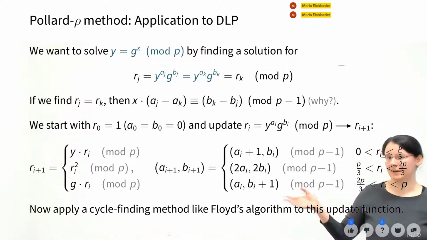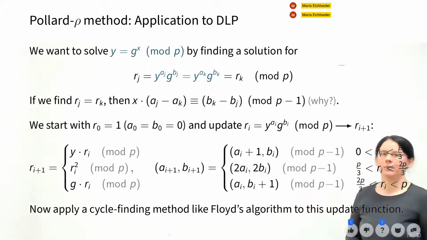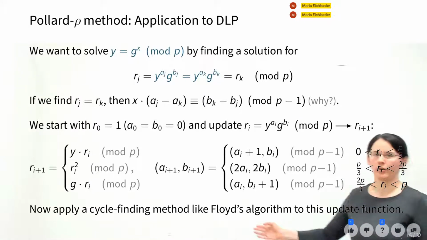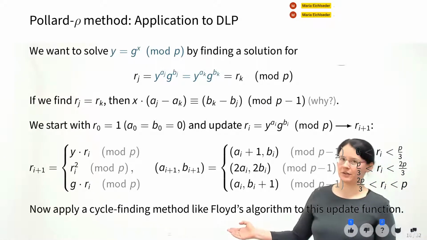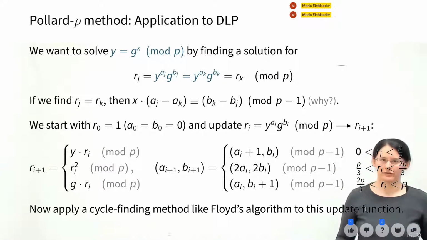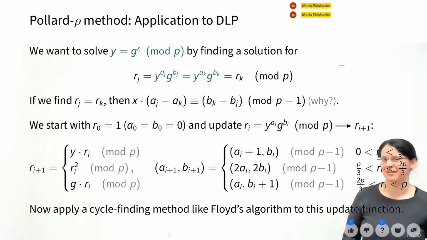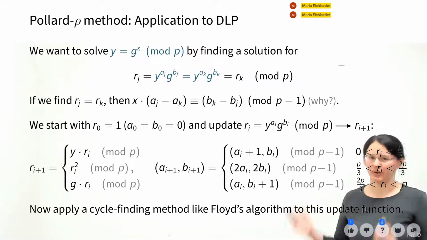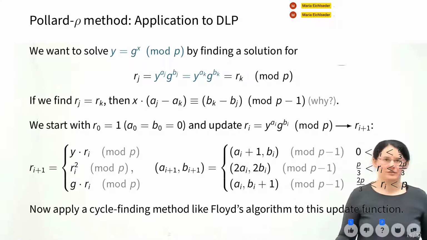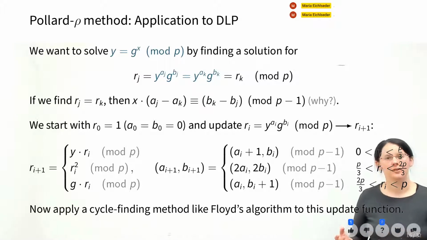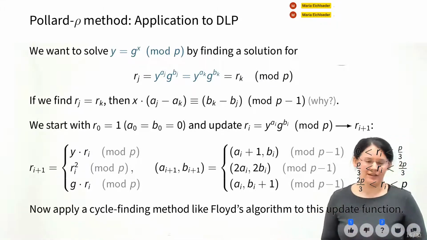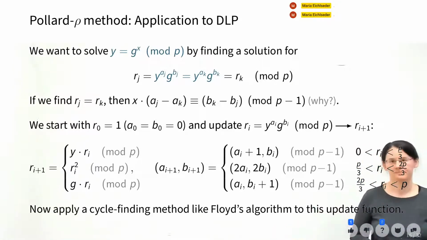Now, if I use this update function, I can use one of the cycle finding algorithms that I know. This could be the Floyd, tortoise and hare algorithm that we already saw, or something more efficient, because almost all other versions are a bit more efficient than Floyd's. So you could, for example, use Brent's algorithm or Nivash's algorithm or what have you. You can also do trade-offs where you have more than just two runners, so where you have a larger set of distinguished points, there are many possible options.